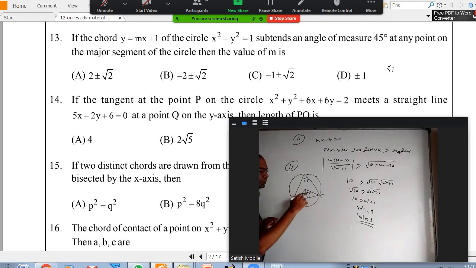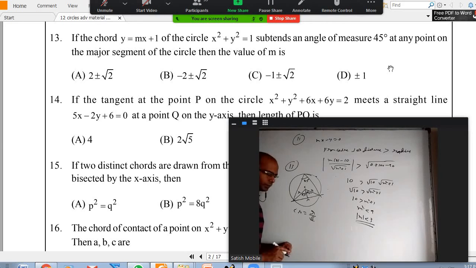It means the perpendicular distance from the center should be R by root 2. That is sufficient. So this is R, this is R, this is O, and this is M. So OM should be R by root 2. What is OM? The perpendicular distance from the center to the line. That is R by root 2.